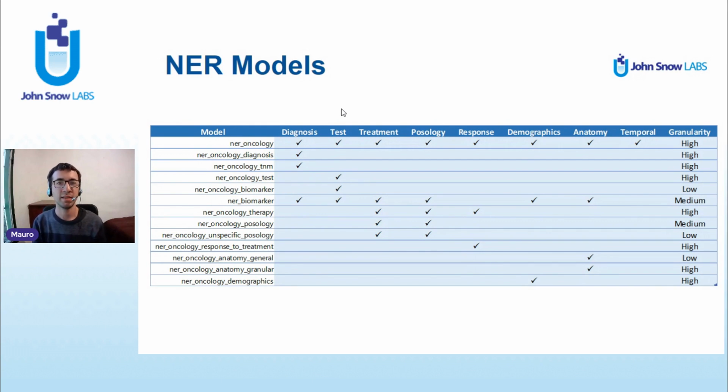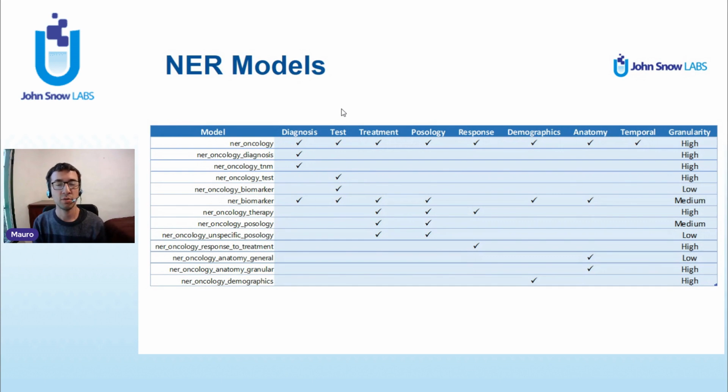As you can see, the most complete model is NER oncology. It extracts data for each entity group at a high granularity. And the rest of the NER models are specific, sometimes for treatment, sometimes for tests, and so on. As you can see, there's some overlap between different models. So a good question here would be how to select the best one for your case.